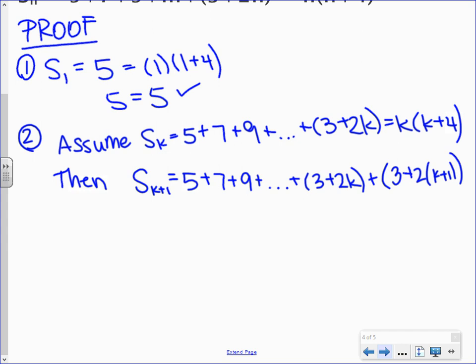Do not make that equal to anything. We don't know what it equals, but we know what we want it to equal. What do we want it to equal? If the k sum is k times k plus 4, what do we want the k plus 1 sum to be?